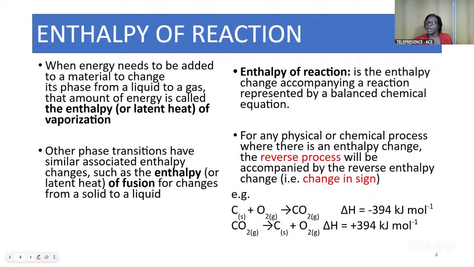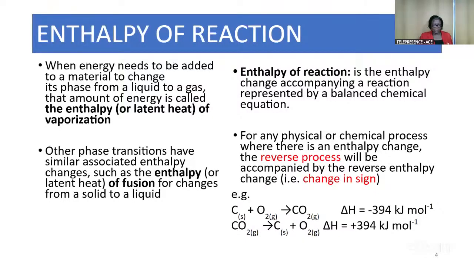And from what we have here, you can see that we are beginning to talk about enthalpy of reaction. So when you have enthalpy of reaction, that means you are talking about reactants and products being involved.